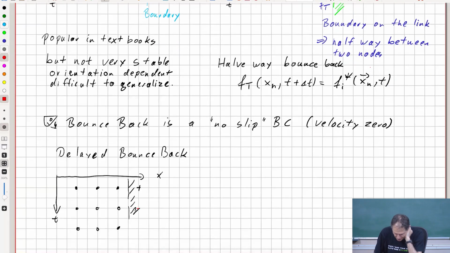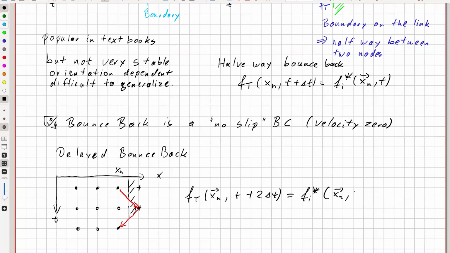Whereas in the delayed bounce back, what happens is that the population leaves the domain, goes to the outside node, and then comes back a time step later, which means we can write this fi now as, again this here is xn, at t plus now 2 delta t is equal to fi asterisk at xn and t.